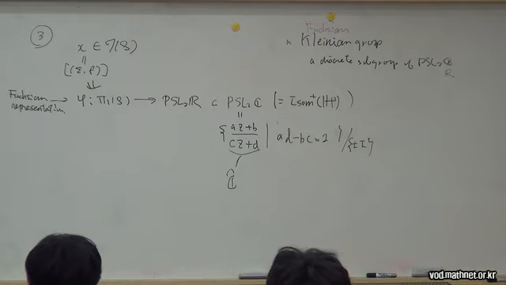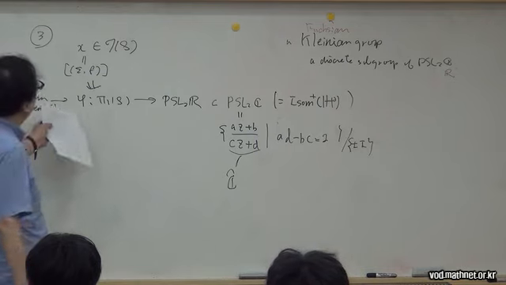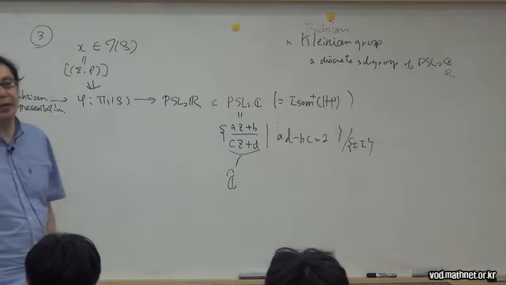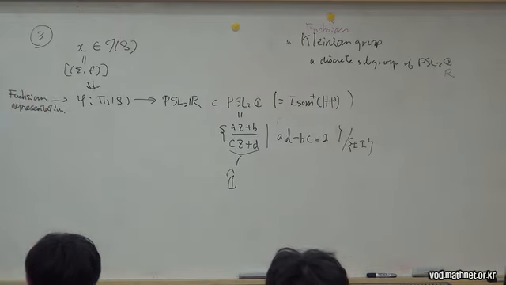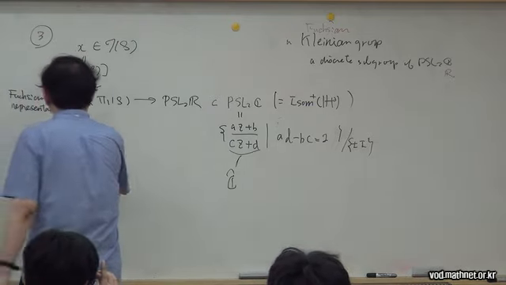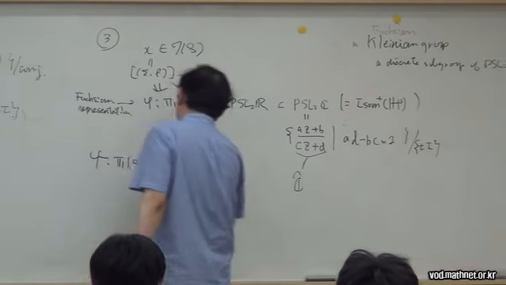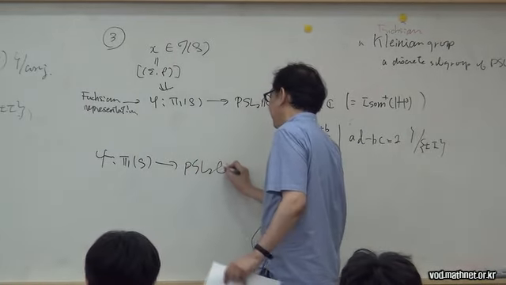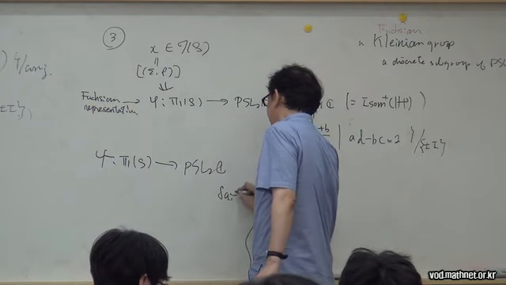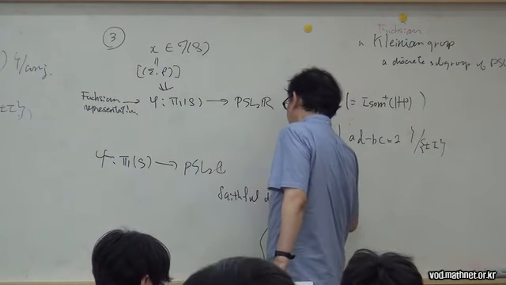Now we are going to deform this representation using a quasi-conformal map. Suppose we have another representation of pi 1 of S to PSL(2,C), which is faithful and discrete.